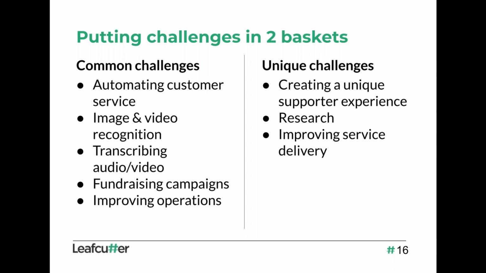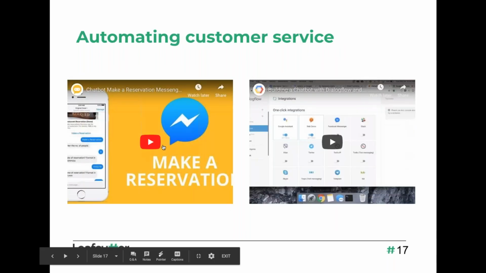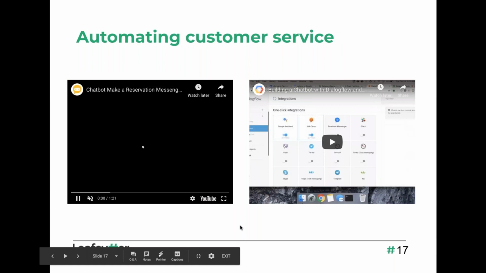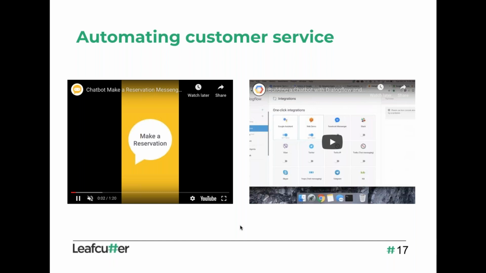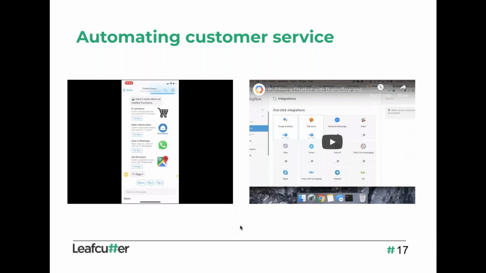So if we look at the first one, automating customer service, on the left here is just a quick video, which is probably the stock standard use case, a booking app. This is using a platform called Chatbot Kusu. There are so many chatbot platforms out there right now.